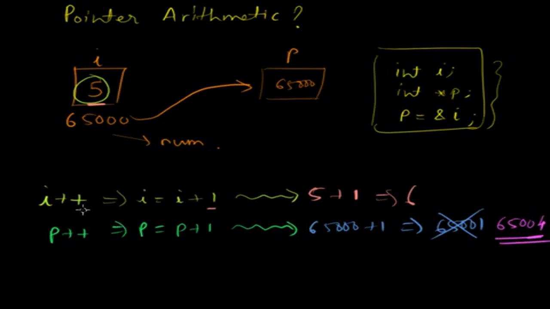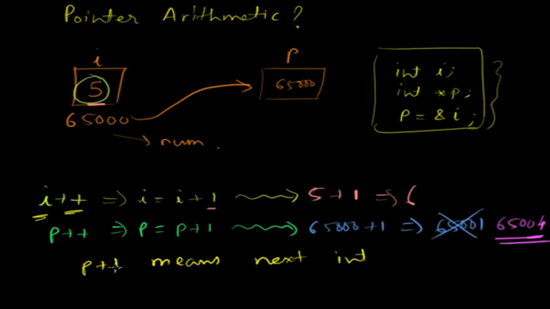Now when you apply incrementation, or any arithmetic, to a normal variable, it applies it to the value. Now a pointer variable does not store a value, it stores an address. When I say p plus 1, it means that we want the next integer, right?